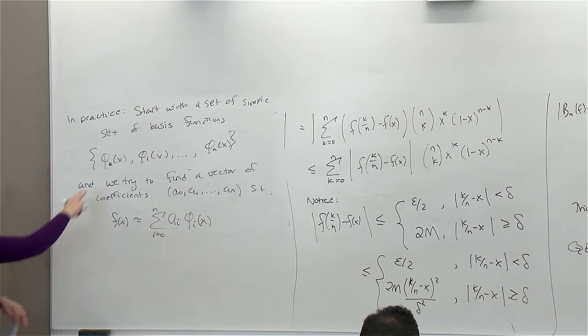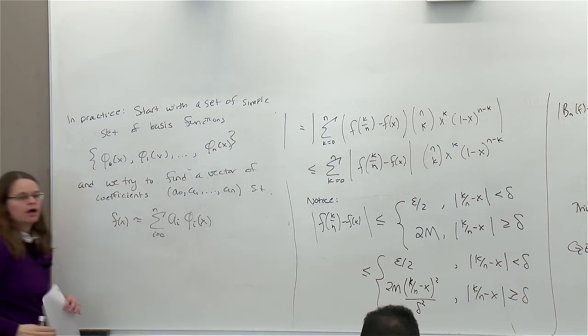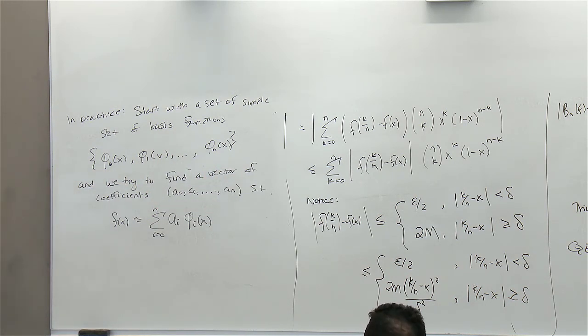For example, I might choose 1, x, x squared up to x to the n as a simple monomial basis, or you might think of something else.